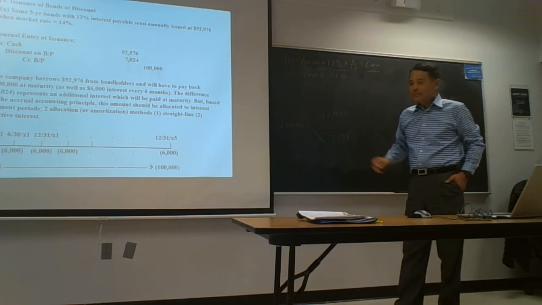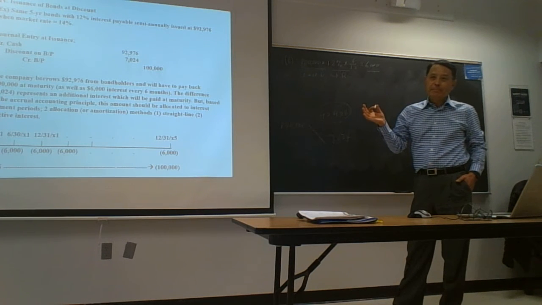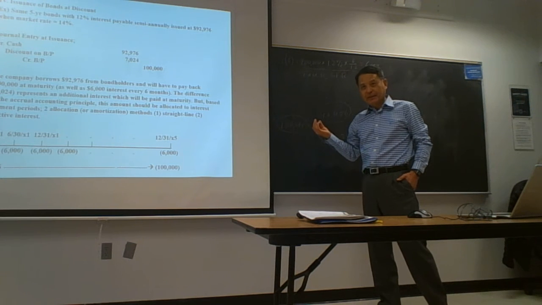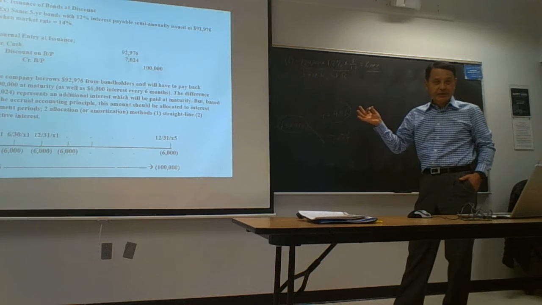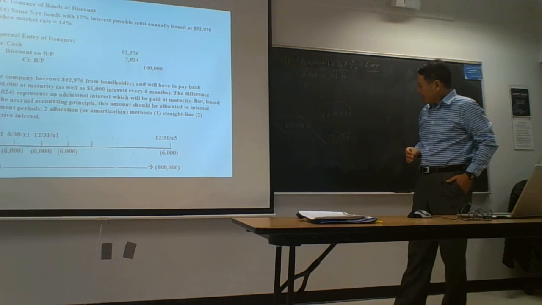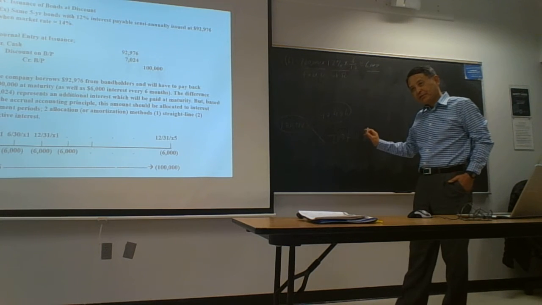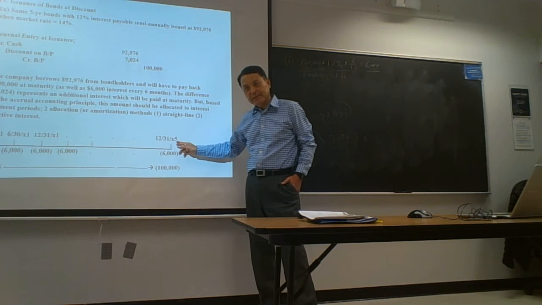This is what the company borrowed on January 1st, and this is what the company will have to pay at maturity. So the difference between these two is interest, right? This interest will be paid at maturity in 2005.